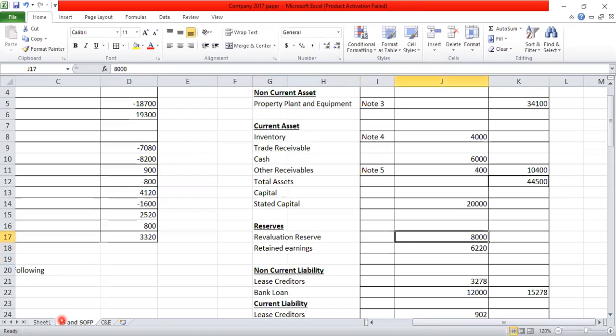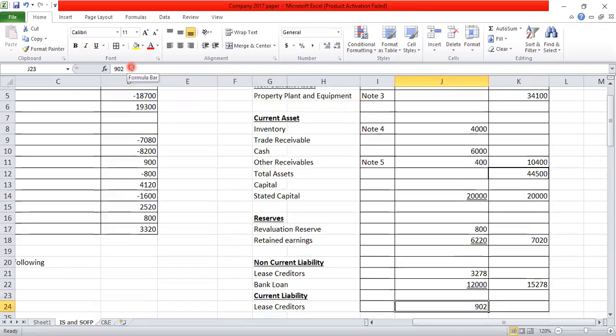So this is not 8,000 guys. This is 800. I'll take the total of this, 7,020, and let me bring this balance to this side. 20,000 balance. I should highlight it, underline it. It's a compulsory thing. Bringing the balance to the next slide.